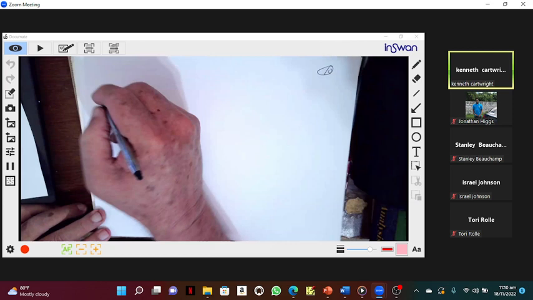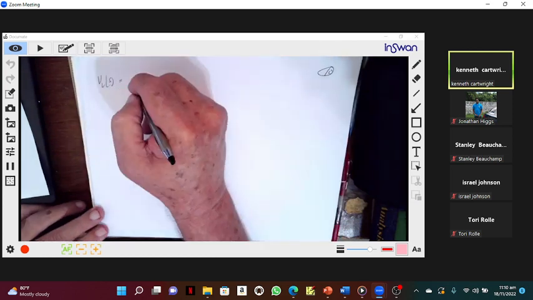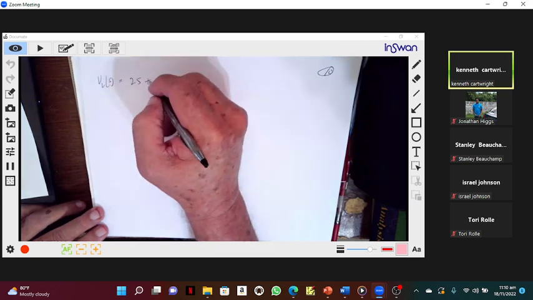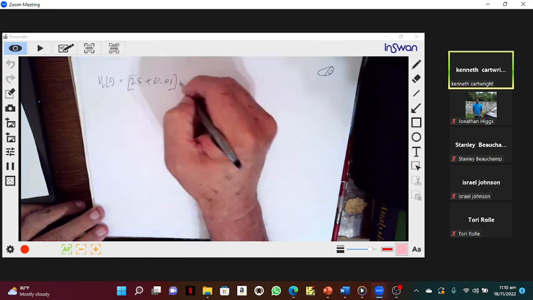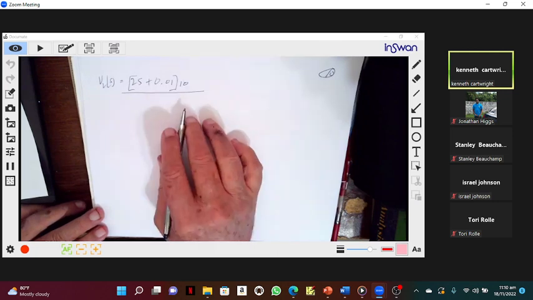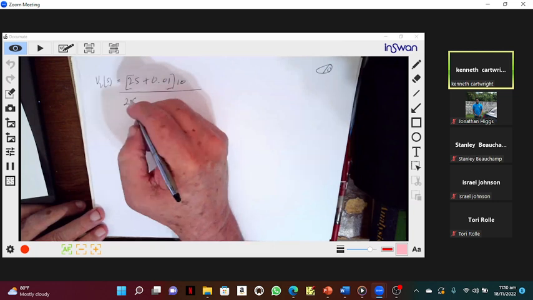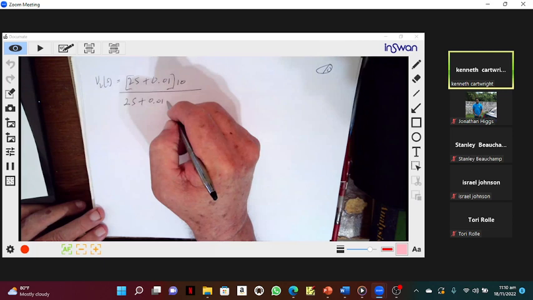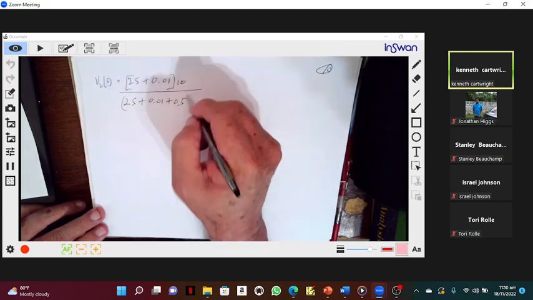So V2 of s becomes 2s plus 0.01 times 10 over 2s plus 0.01 plus 0.5 times s plus 4.